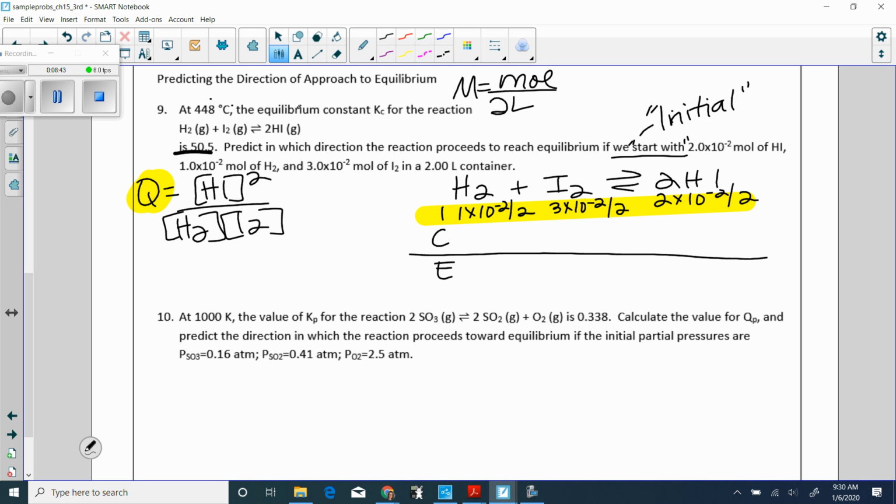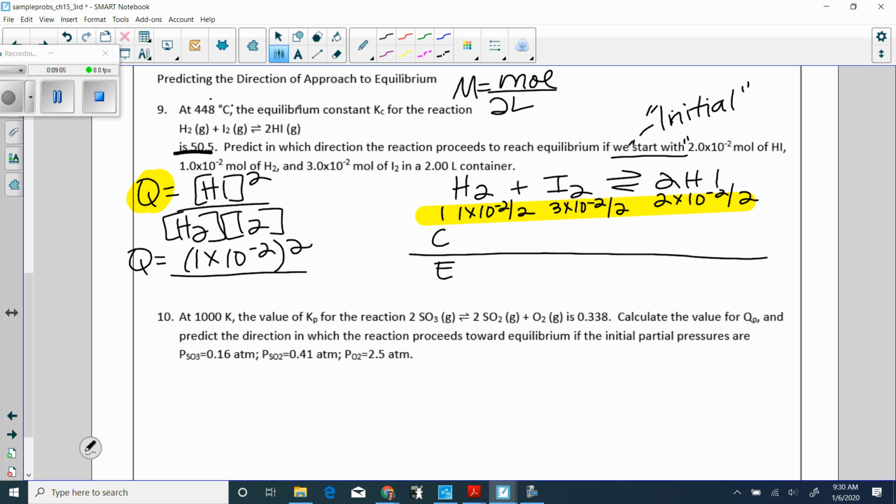So get out your calculator. I'm actually going to take 2 times 10 to the negative second divided by 2, plug it in. That one gets squared.